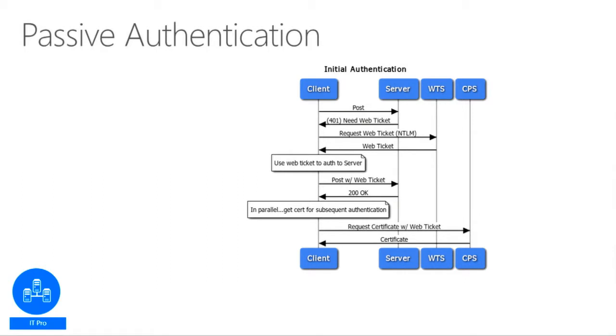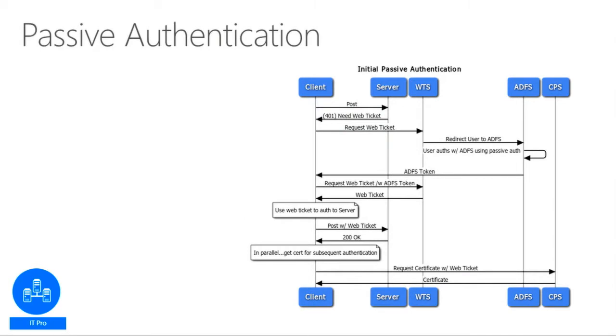What we did was introduce support, so we took one more step here. If you deployed Active Directory Federation Services v2 or higher, you can say, okay, we don't support NTLM now, we only support Kerberos. Now, please, web ticketing service, redirect users to Active Directory Federation Services and don't grant any web ticket for the first initial login.